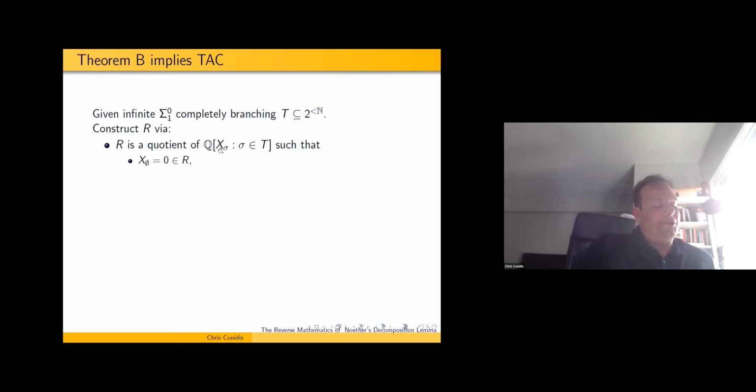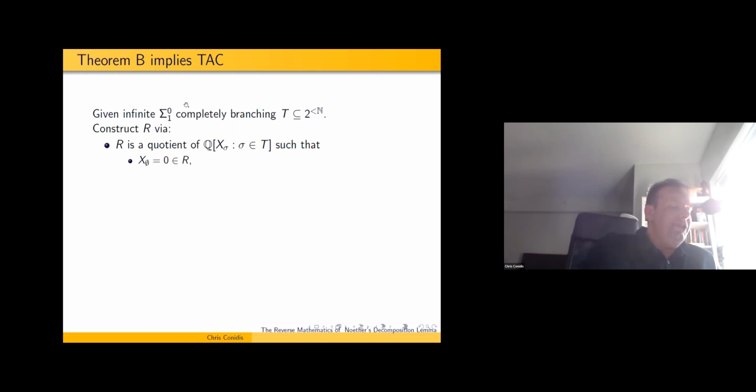You start with this universal ring, and for the indices of your indeterminates, you use the nodes in your tree. You set the indeterminate corresponding to the root node of your tree equal to 0.